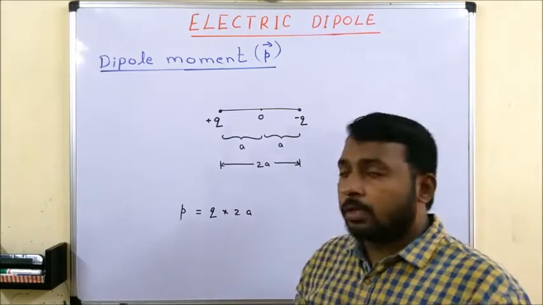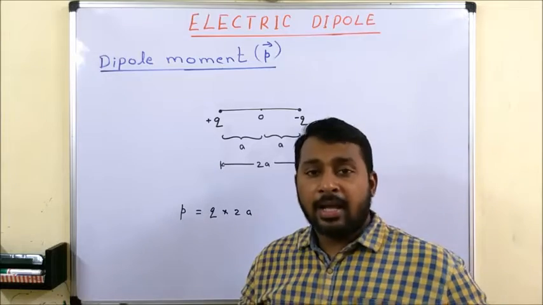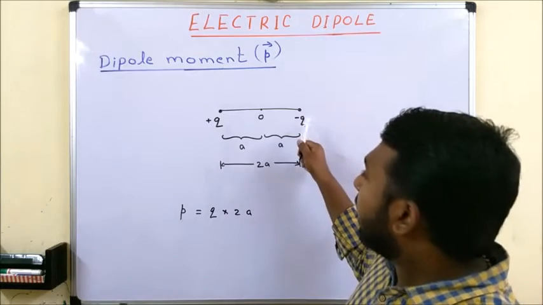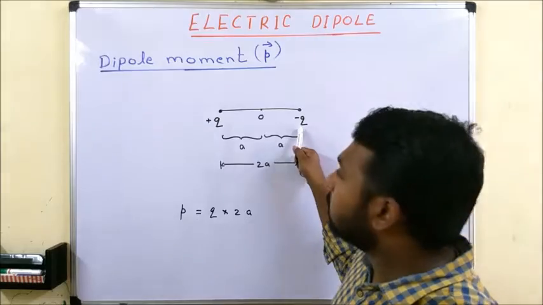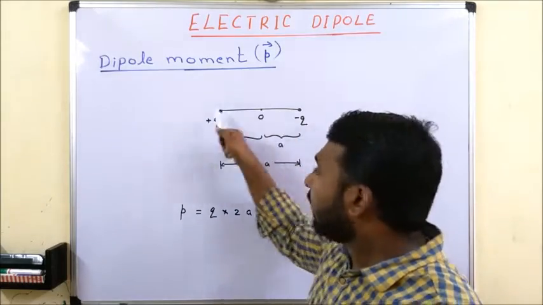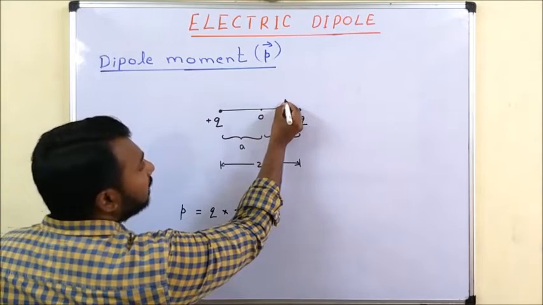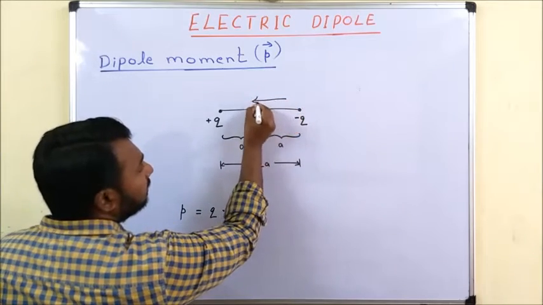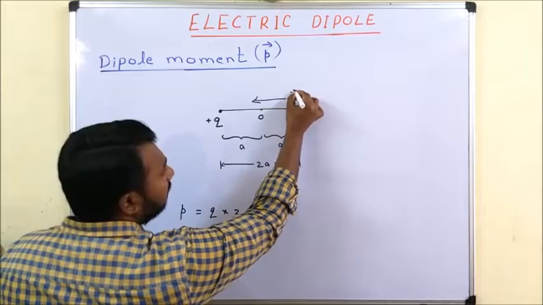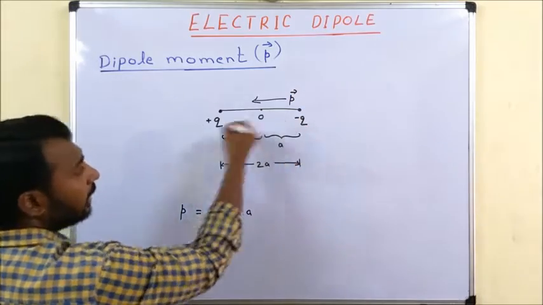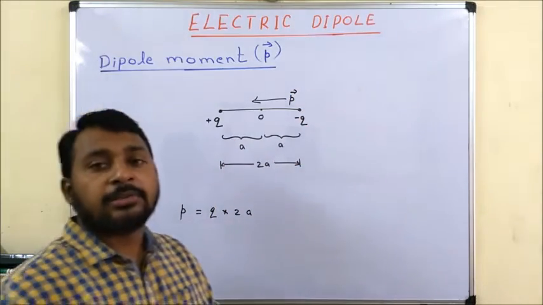It is a vector quantity. It has a direction. Its direction is from the negative point charge to the positive along the dipole axis. So the direction is this. The direction of dipole moment is this. It is from the negative to the positive point charge.